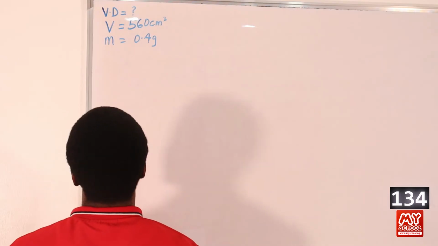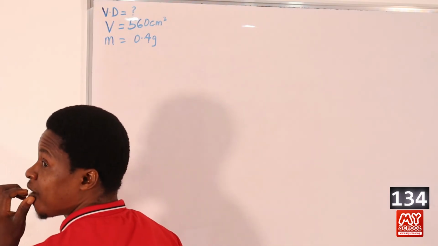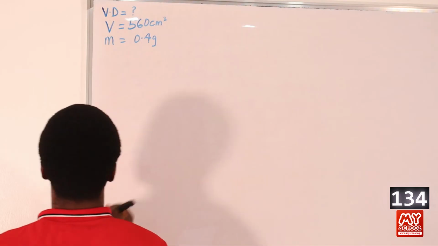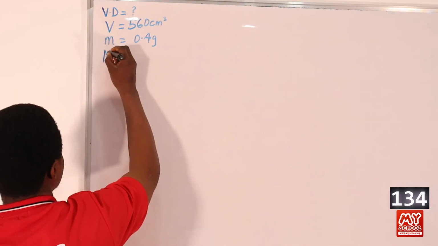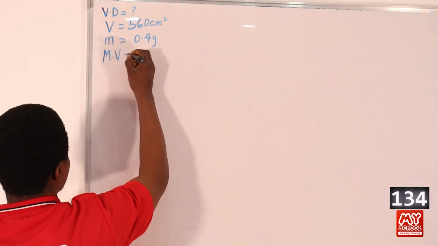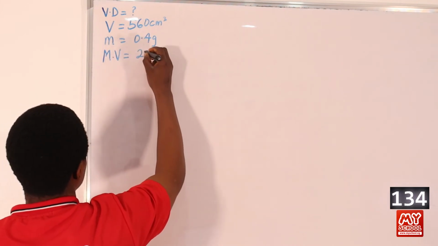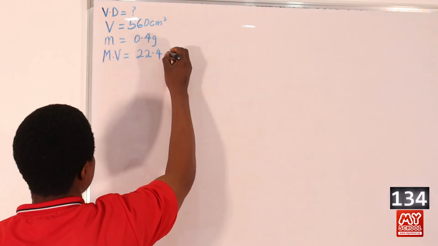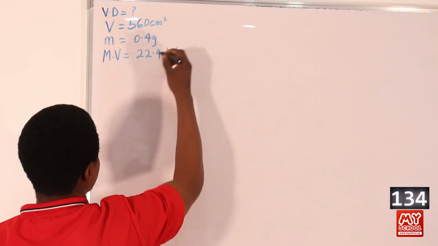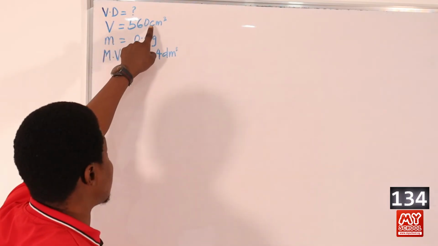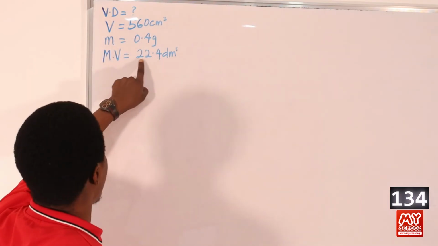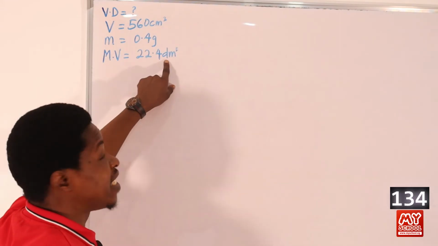We're also given the molar volume of gas at STP. I will just use MV, molar volume of gas at STP, to be 22.4 dm³. Now you discover that we have volume given in cm³, and molar volume given in dm³.